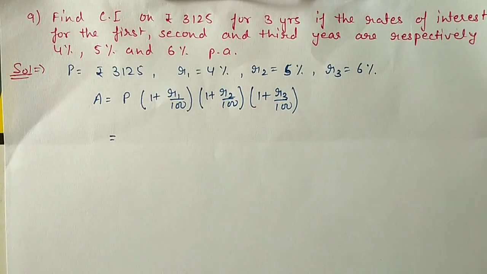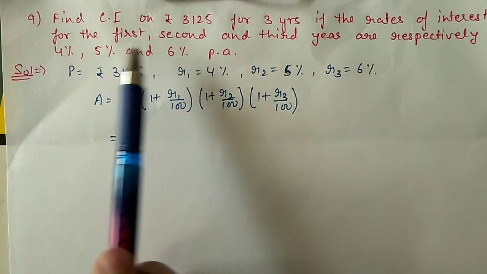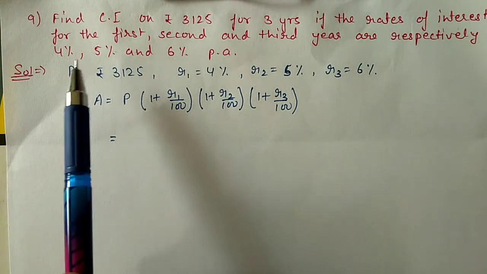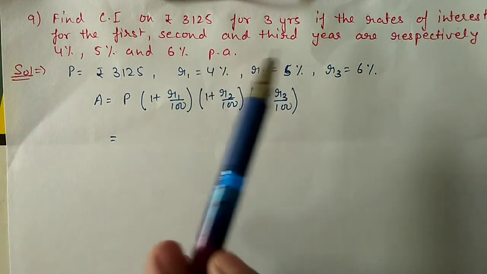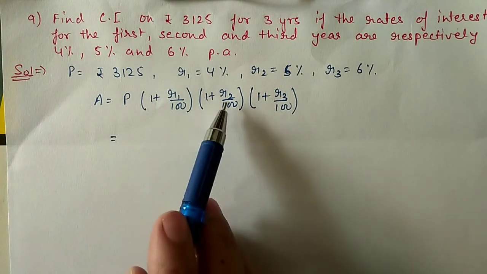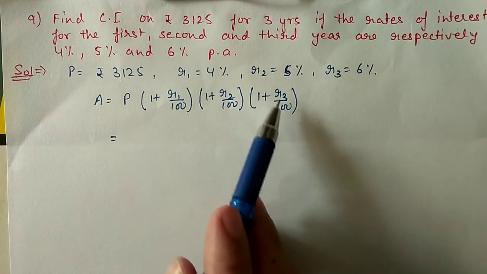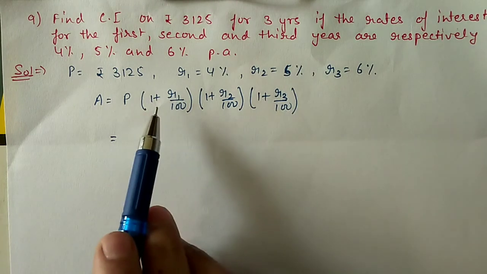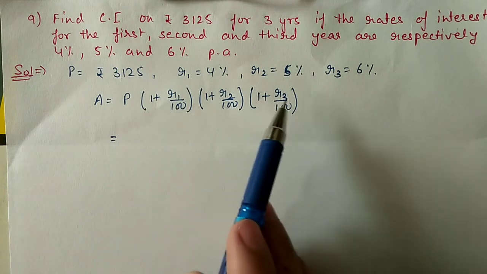Next, question number 10. Find compound interest on 3125 rupees for 3 years if the rates of interest for the first year, second year and third year are 4%, 5% and 6%. So we'll use this formula here: A is equal to P, 1 plus R1 by 100, 1 plus R2 by 100, 1 plus R3 by 100. This bracket is for the first year, second year and third year.